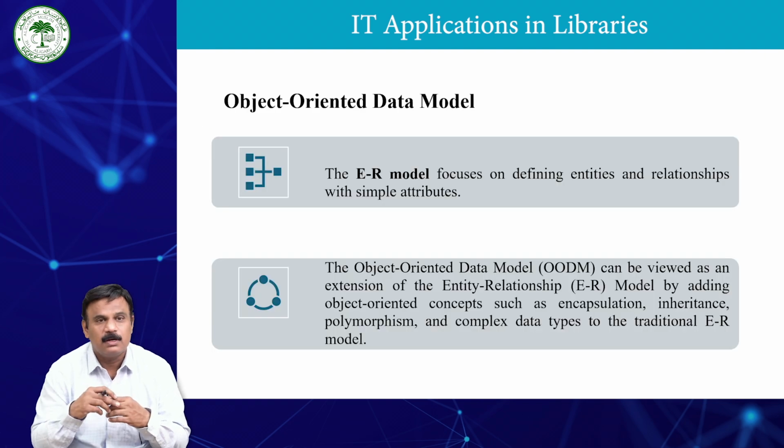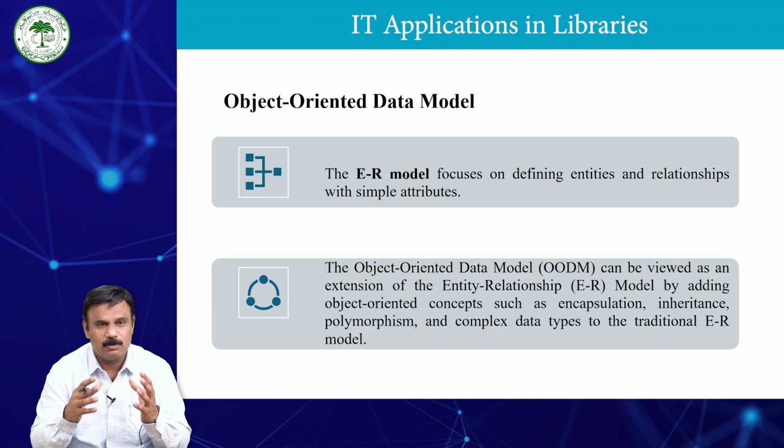Now let us see another data model, object-oriented data model. The ER model focuses on defining entities and relationships with the simple attributes. But the object-oriented data model can be viewed as an extension of the entity relationship model by adding object-oriented concepts such as encapsulation, inheritance, polymorphism, and complex data types to the traditional ER model.